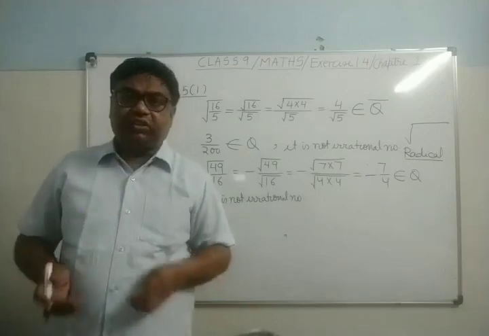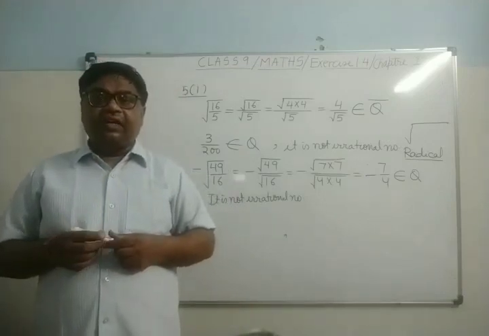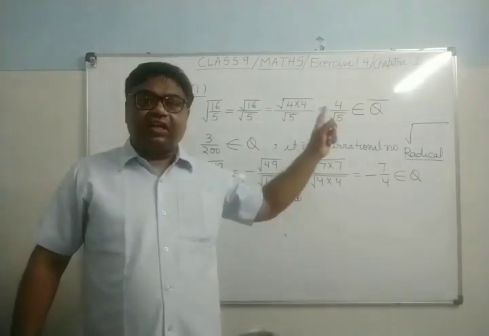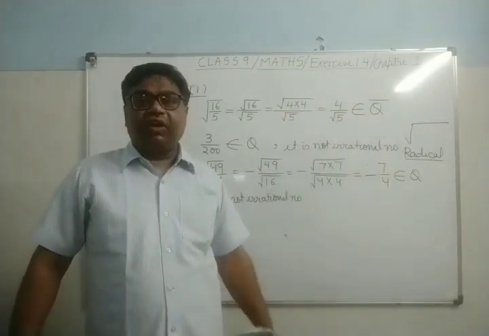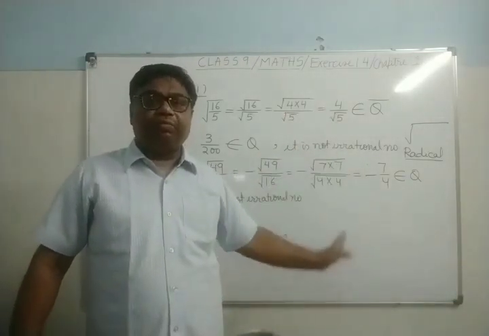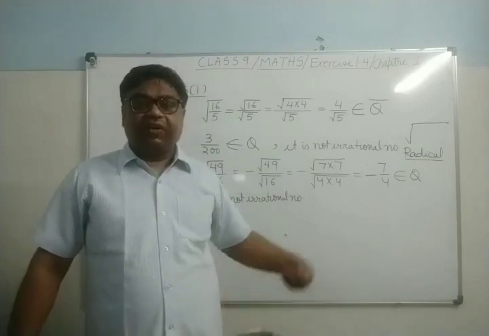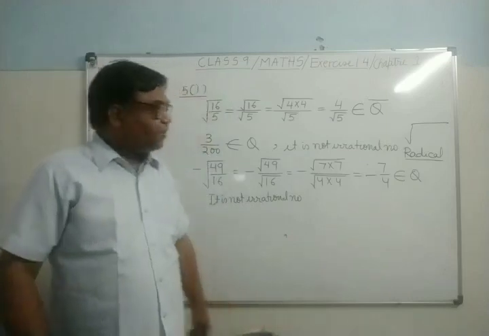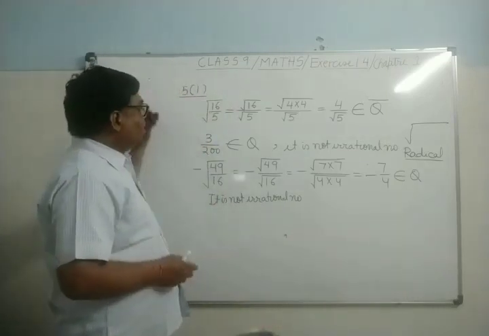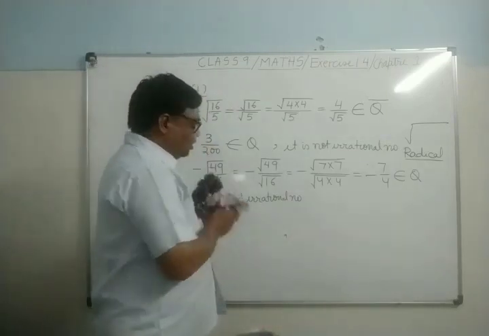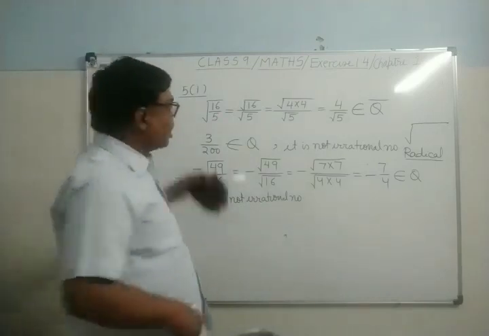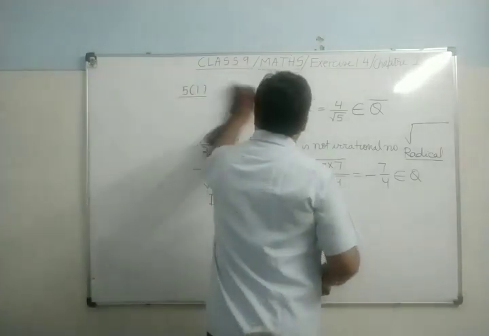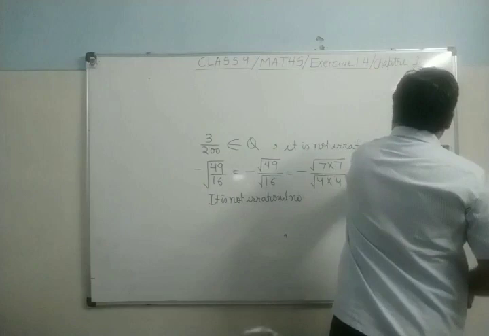What will you do? You will simplify, and if the radical sign is present even after simplification, then that will be irrational. If it is removed, then rational. Now in question number 6, you have to find whether the numbers have non-terminating and non-recurring decimals.